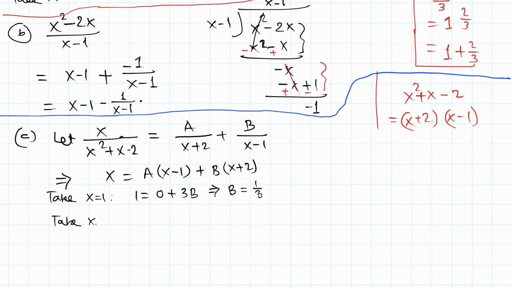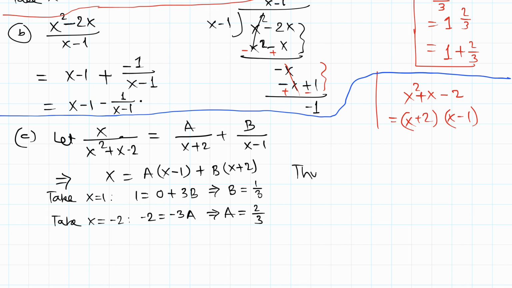Now we take x equals, let's take -2, then -2 plus 2 is 0. So x is -2, a times -2 minus 1, -3a, and this is 0 by design because -2 plus 2 is 0. Divide by -3, so a is 2/3.